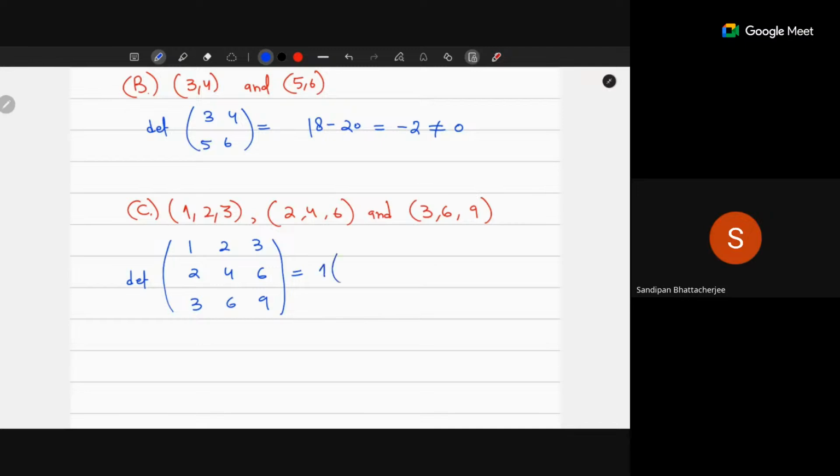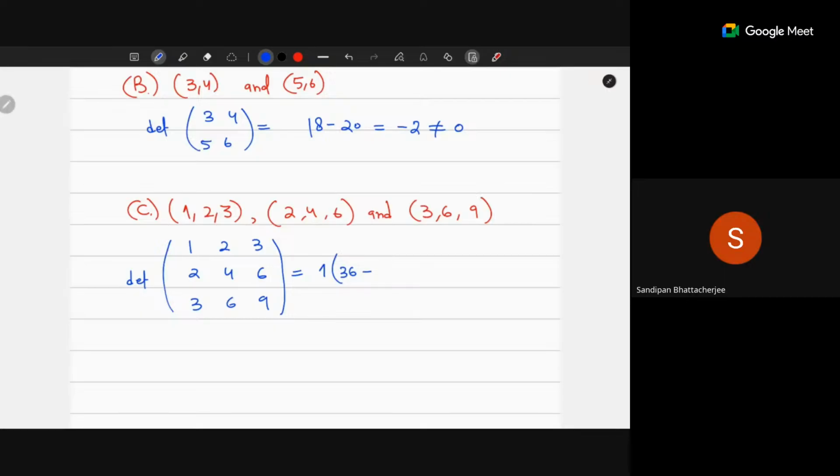Let's check. V2 and V3 are multiples of V1. In this case it is easier to see, but there can be tedious examples where it is some weird combination of two vectors. Then it might be a little bit difficult, so you need to go for determinant checking.